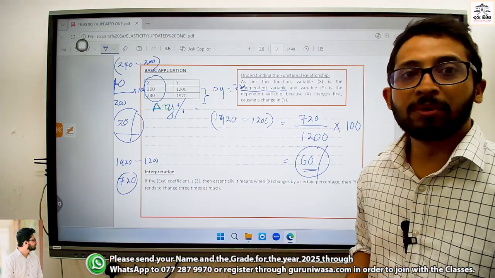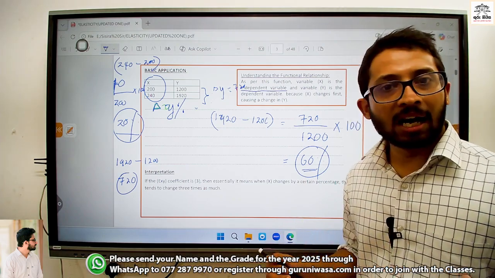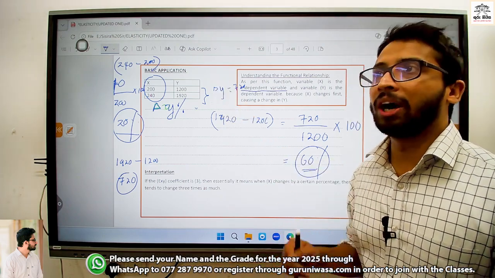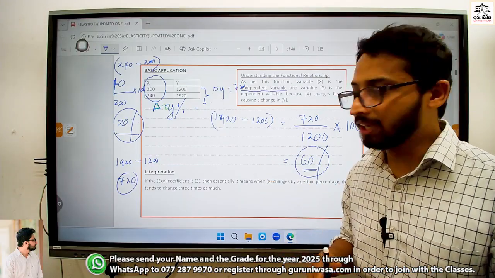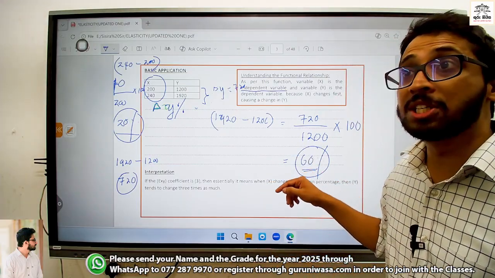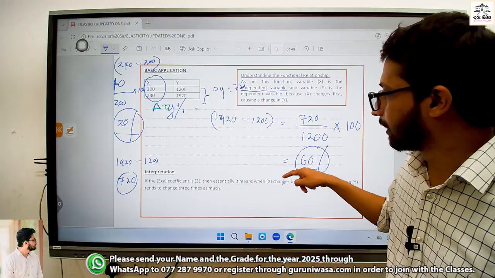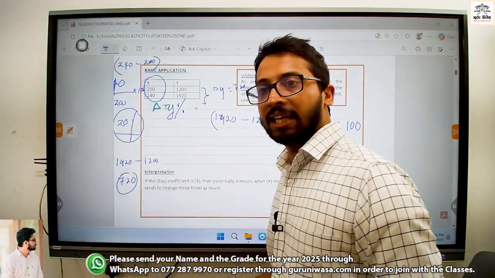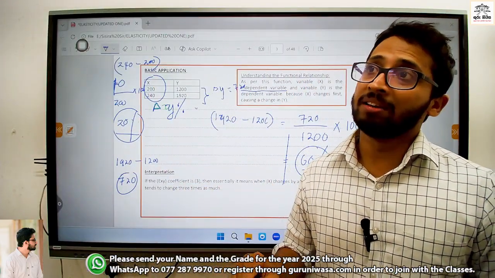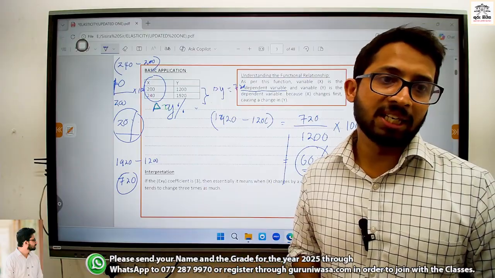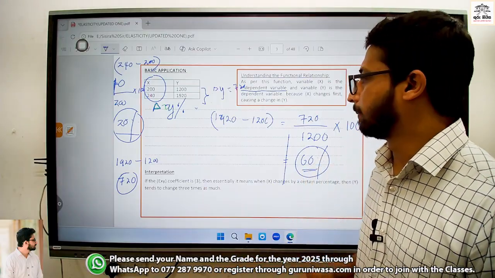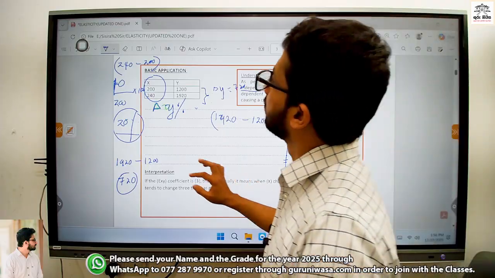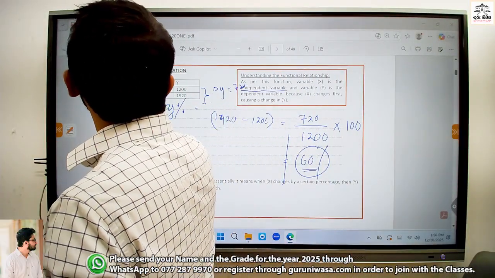Then, can you remember, I want you to calculate elasticity between x and y. Can you remember the basic equation for elasticity? Percentage change in dependent variable divided by percentage change in independent variable. Then you can calculate elasticity for these variables.